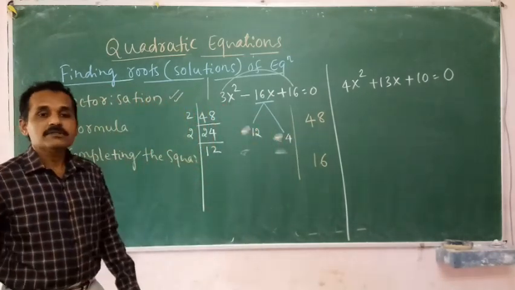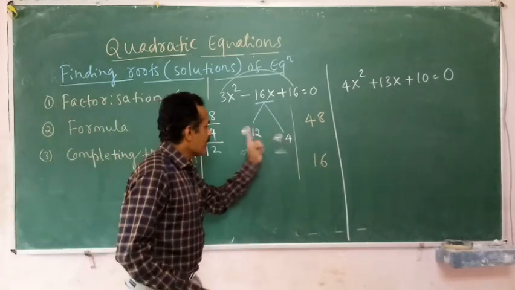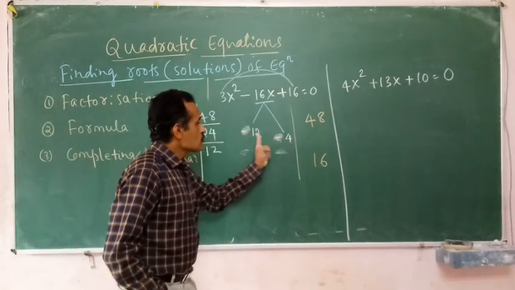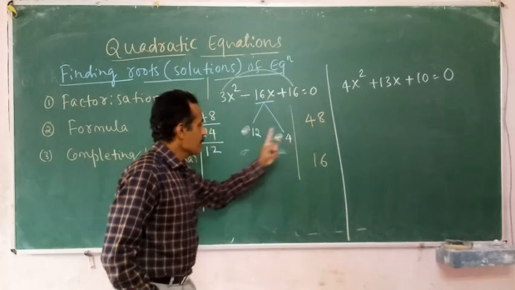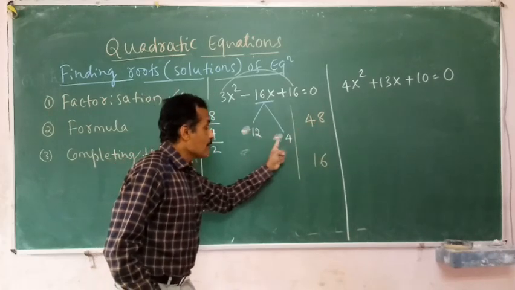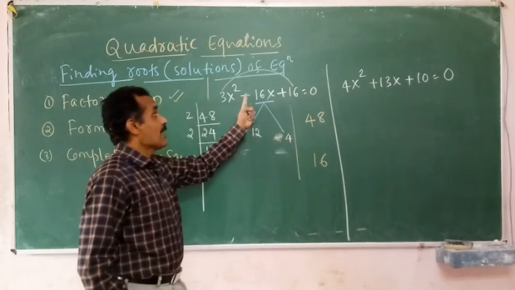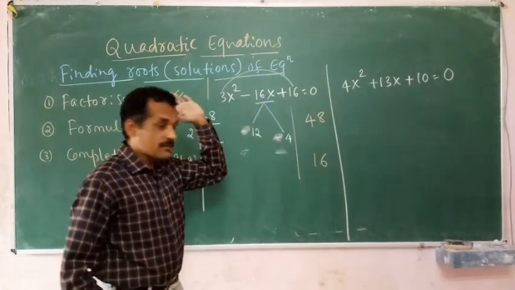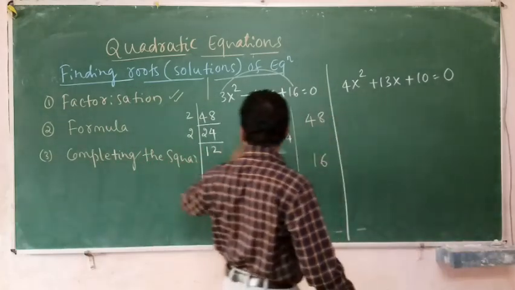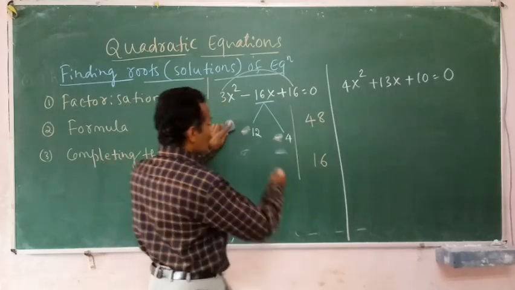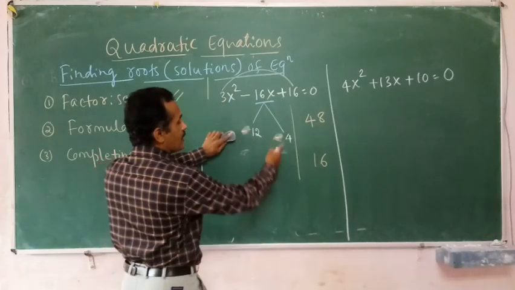Now we check. Multiply: minus into minus is plus, 12 4s are 48. Then minus 12 minus 4, when you add, you get minus 16. So this is the way the problem has to be solved.